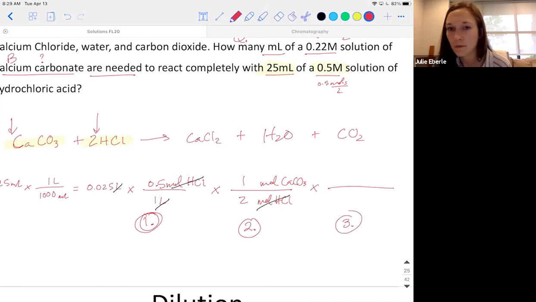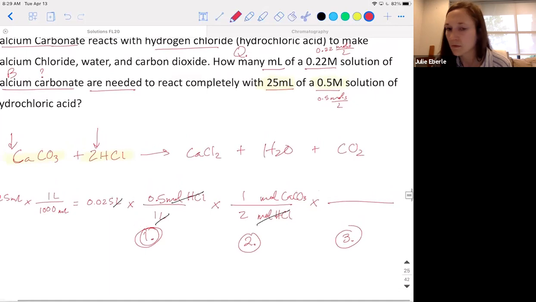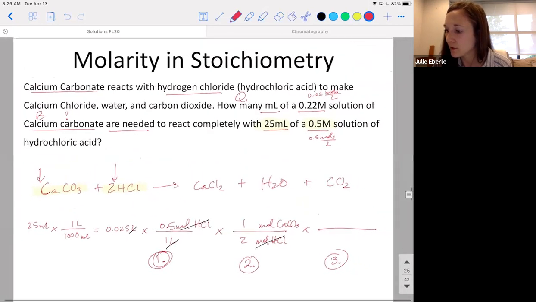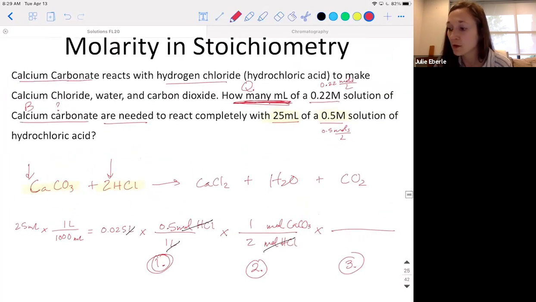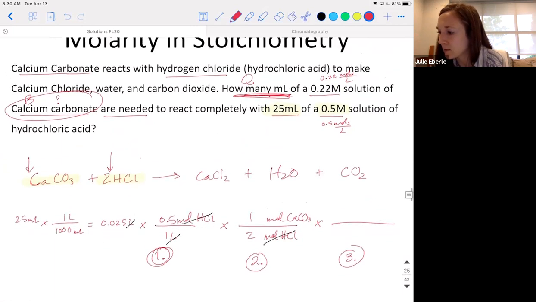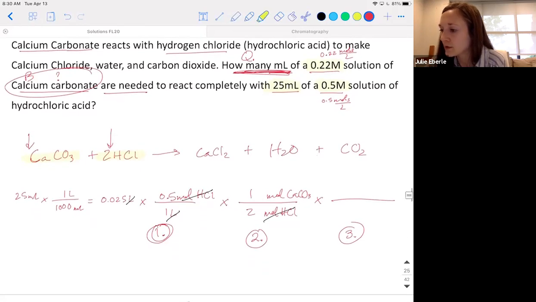is what? 3-part problem. What should we do next? What are we looking for? Remember, the question says how many milliliters. So we're looking for a volume of calcium carbonate. We have moles of calcium carbonate right now. How do you go from moles to volume, which is liters, moles to liters? You've got to use, there you go, molarity. And that's the 0.22 this time, the one given right here. And I want moles to cancel, convert to liters.